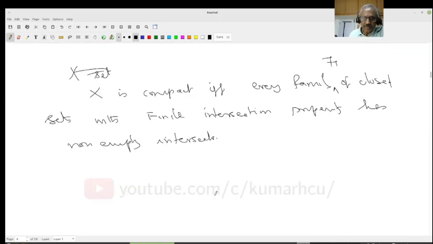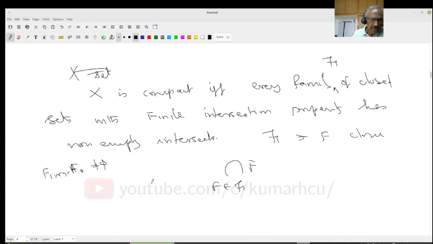Let us say what it means. I have a family F. Remember, each element F here is closed. And what do I know? If I take finitely many elements F1, F2, ..., Fn, their intersection is non-empty. This is given. Then that means the intersection over the entire family is not empty.